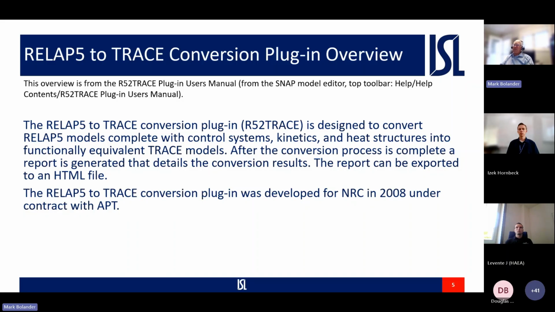Anyway, the RELAP5-to-TRACE conversion plugin is designed to convert RELAP5 models complete with control systems, kinetics, and heat structures into functionally equivalent TRACE models. After the conversion process is complete, a report is generated that details the conversion results. The report can be exported to an HTML file so you can review it and do whatever you need to do with it.